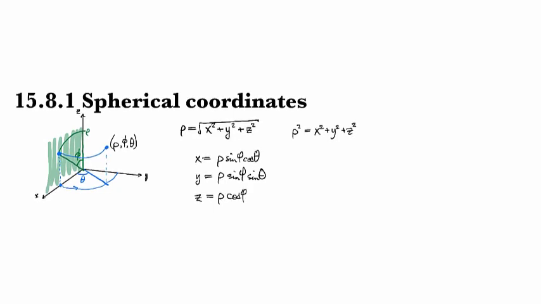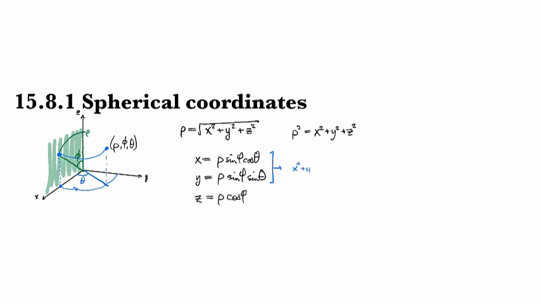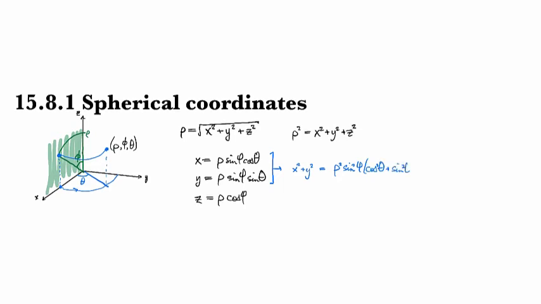Okay, and so now, this is sometimes a helpful conversion if you're going back and forth between cylindrical and spherical. If you look at x squared plus y squared, then you end up with rho squared sine squared phi times cosine squared theta plus sine squared theta, after you factor out the common rho squared sine squared phi.